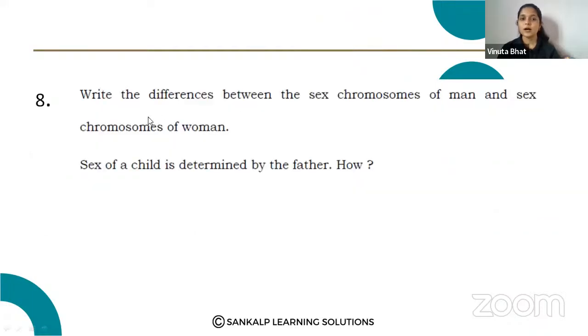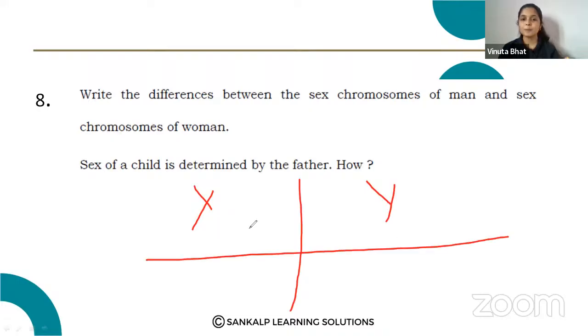Next question. Write the difference between the sex chromosomes of man and the sex chromosomes of woman, and how the sex of the child is determined by the father. Here the question is, write the difference between the X chromosome and the Y chromosome. Compared to the X chromosome, the Y chromosome is short. The X chromosome is large, or you can write long.